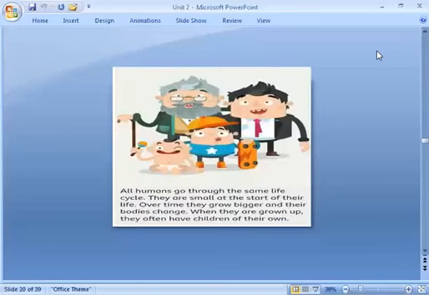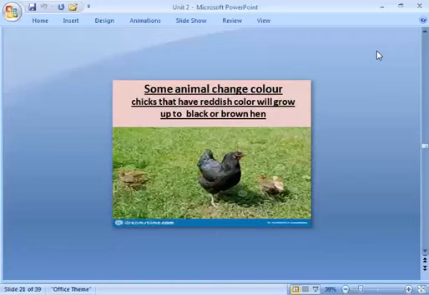All the humans go through the same life cycle. They are small at the start of their life. Over the time, they grow bigger and their bodies change. Some animals change color. For example, chicks that have reddish color will grow up to black or brown hen.